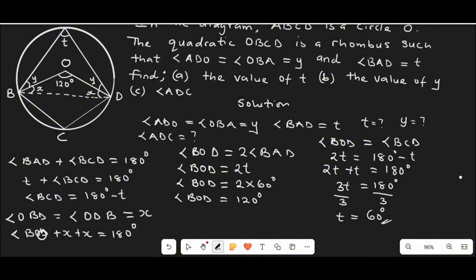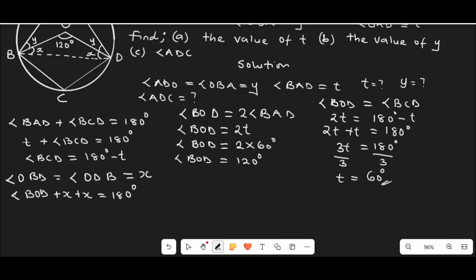Our angle BOD is 120 degrees, so let us substitute it into this equation. 120 degrees plus 2x equals 180 degrees.